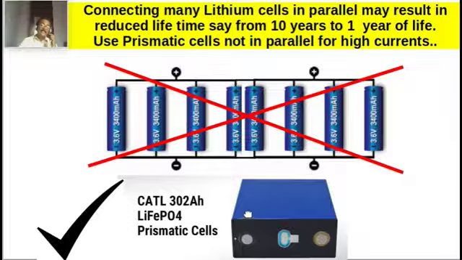The prismatic cells have the same voltage as the cylindrical cell, but the current capacity is very high. For example, this is only around 3.4 ampere hour, or 3400 milliampere hour, whereas this prismatic cell has a capacity of 302 ampere hour. So you can take a number of big prismatic cells and connect them in series to make the final battery voltage.